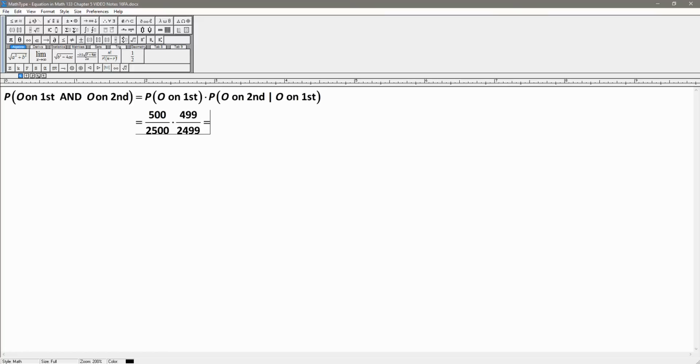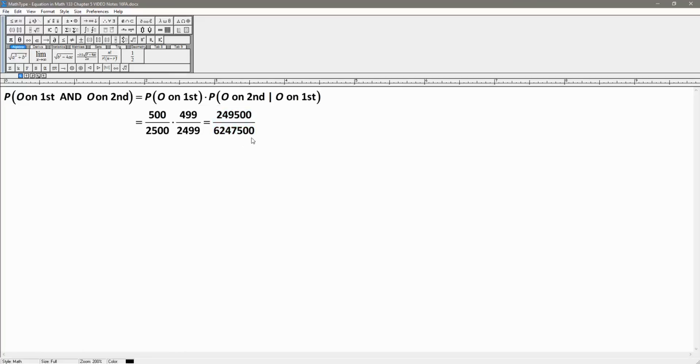All right, if I multiply both of the numbers, 500 times 499 is 249,500. And then 2,500 times 2,499 is 6,247,500. These are huge numbers, very hard for us to get a mental picture of.